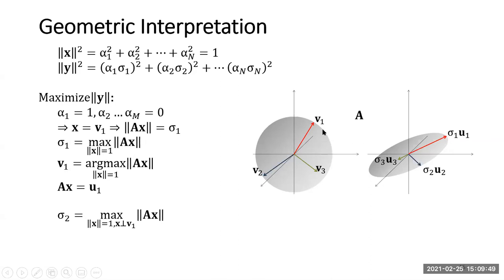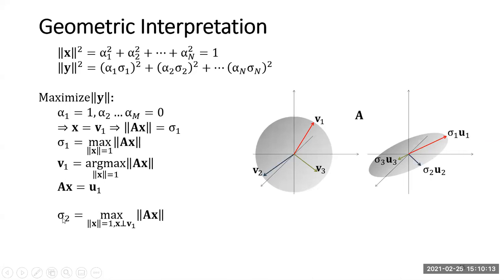Now, if I want to pick another direction that's orthogonal to v1, then I must pick v2, correct? This doesn't show it, but v1 and v2 are orthogonal to one another. Actually, all the v's are orthogonal, and likewise, all the u's are orthogonal to one another.